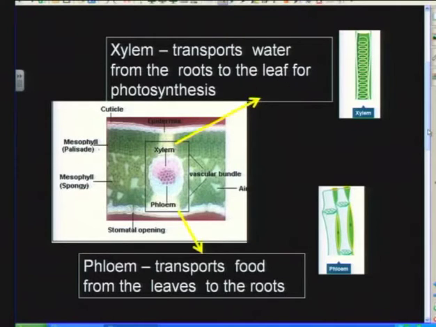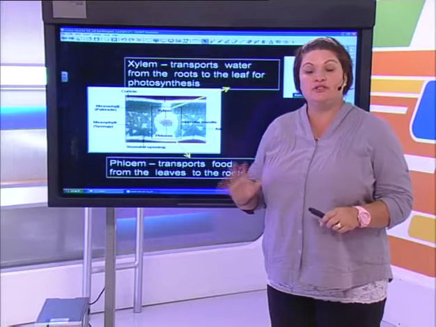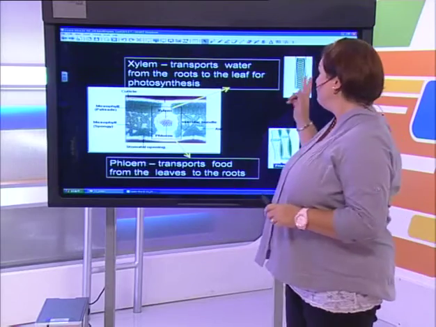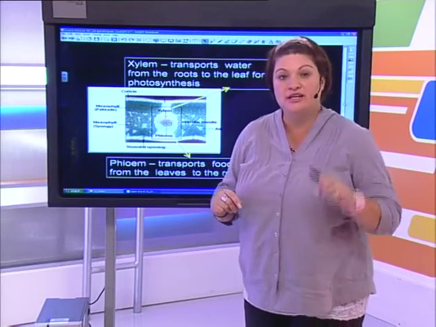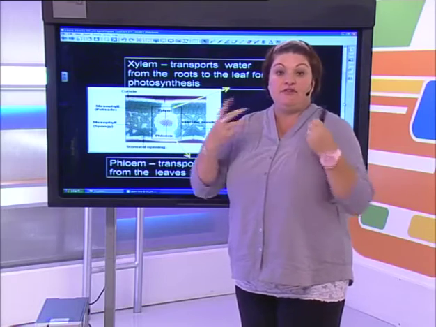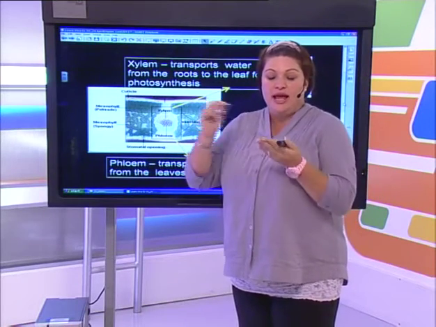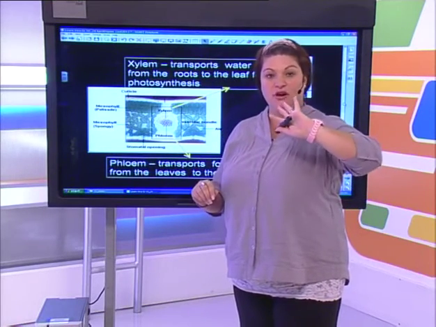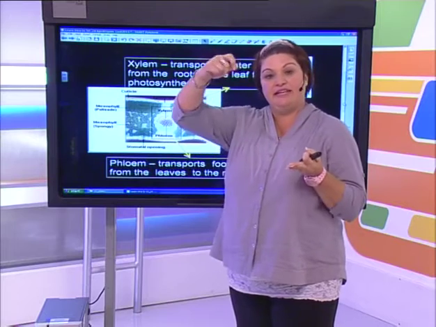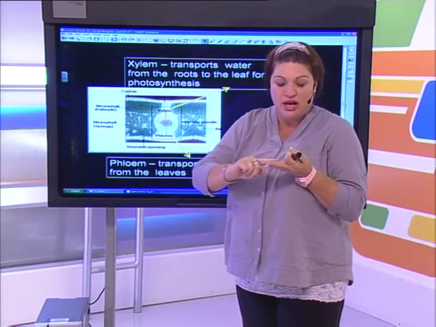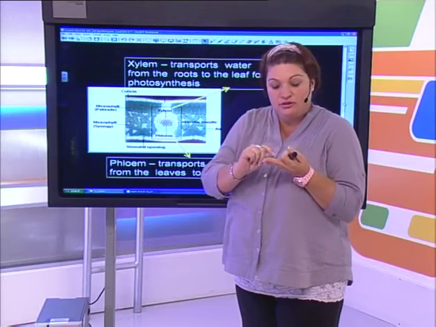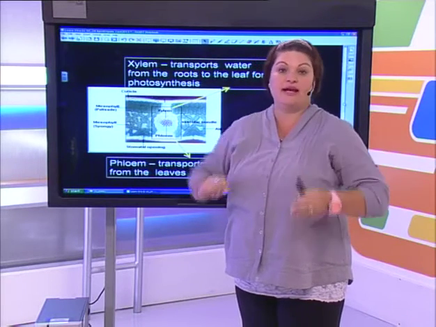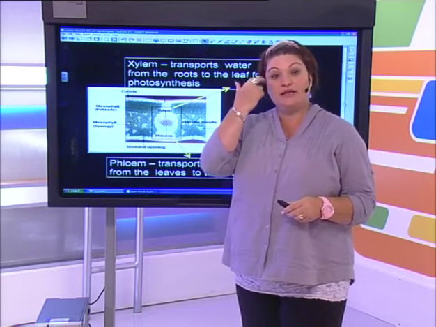Here's my phloem. A nice little exercise that you can do in your class for tissues is you can actually take the leaf if you want to see the stomata. If you have microscopes at your school, you take the bottom surface of the leaf, and you take a little bit of nail varnish, and you rub the nail varnish on, and you let it dry, then you take your tweezers, and you pull that nail varnish off, and you look at it underneath the microscope.